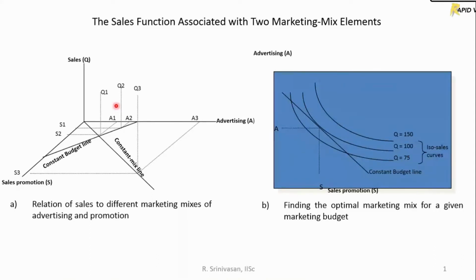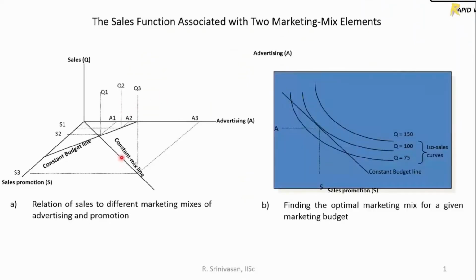So you can adjust your A and S in such a manner that you can get slightly different quantities of sales. If you see, your Q2 is higher compared to Q1 and Q3, so you are getting a slightly higher quantity of sales at Q2.